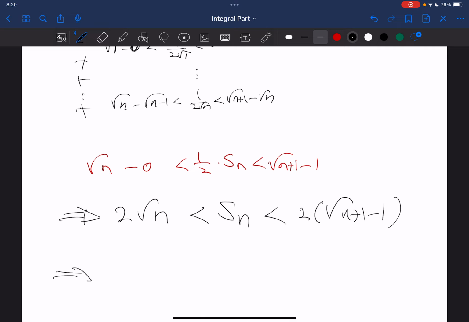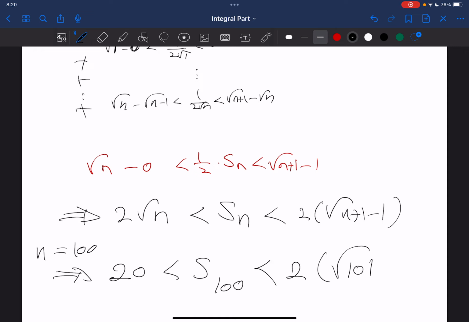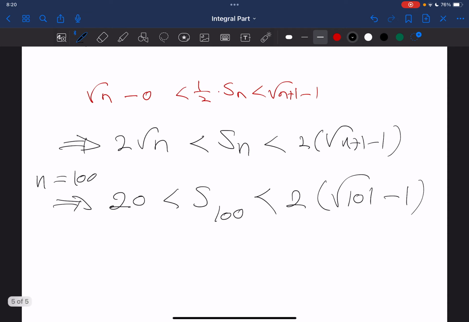And then from here, just plug in the value n equal to 100. I have 20 is less than S100, less than 2 times root 101 minus 1. Okay, so now I just need to show that this is less than 21.